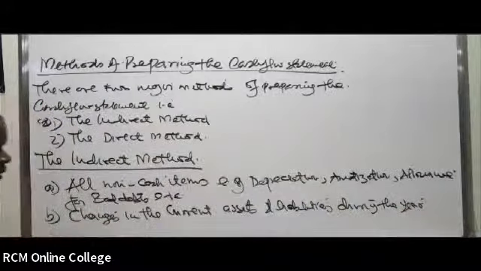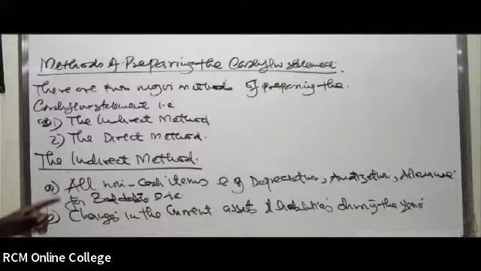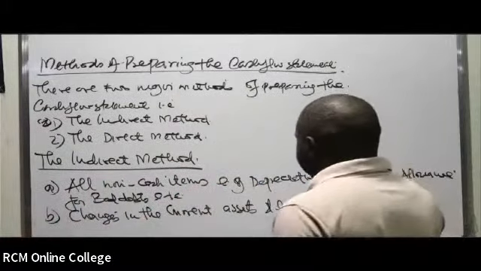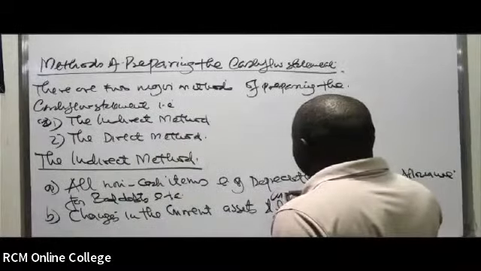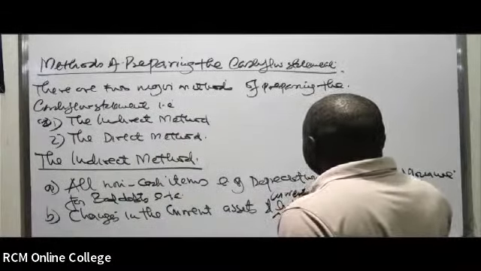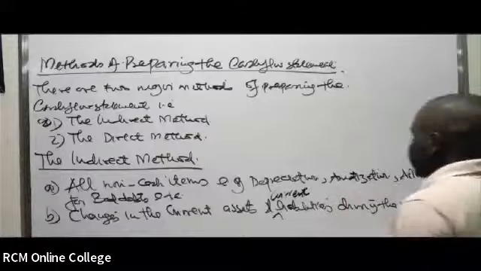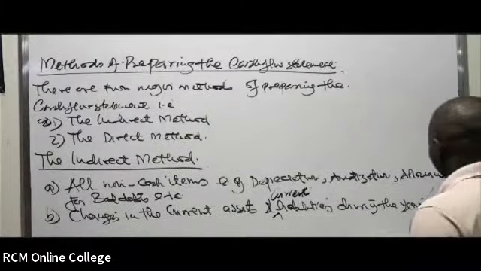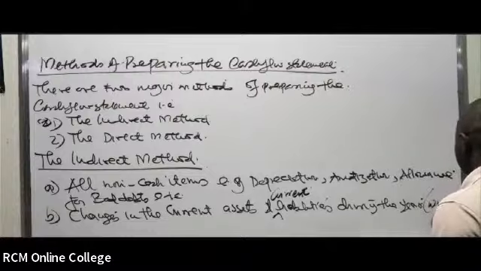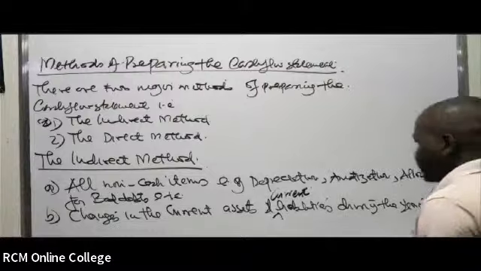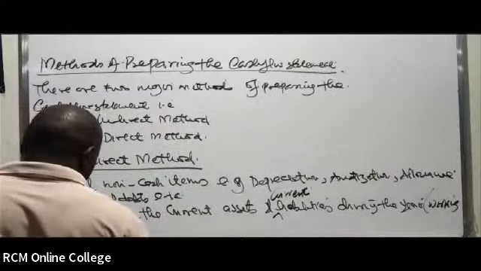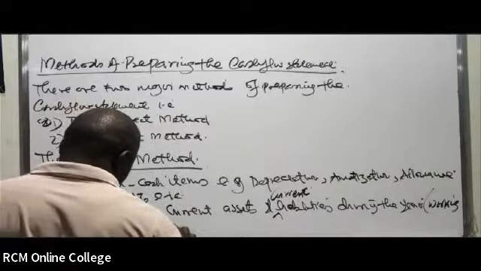You can say current assets and current liabilities. In brackets, you can say working capital items. These are working capital items.